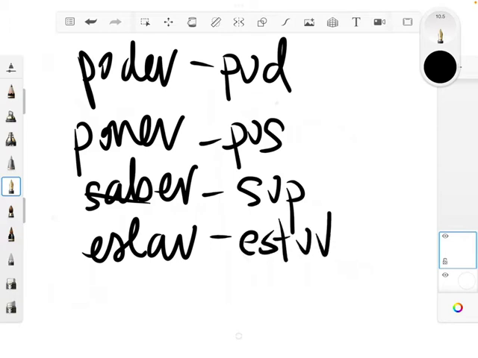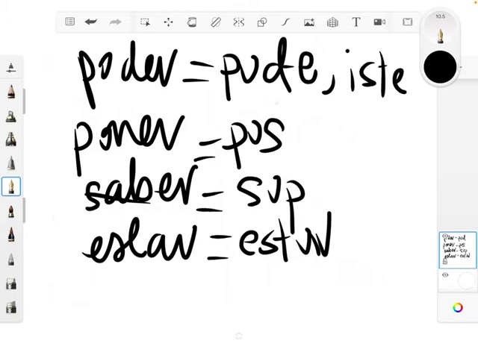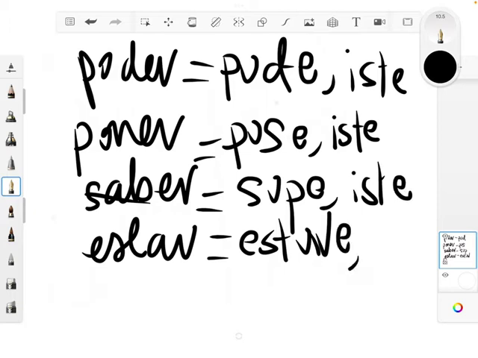So you can see the conjugation pattern next to it. So pude, pudiste, etc. Puse, pusiste, supe, supiste, etc. Estuve, estuviste, etc.